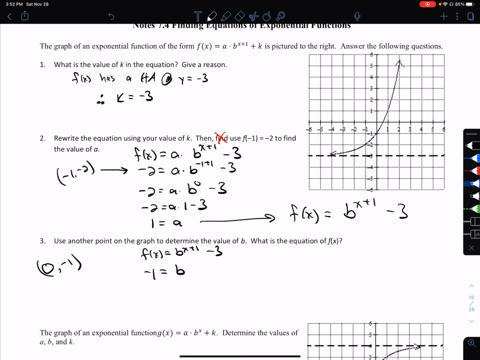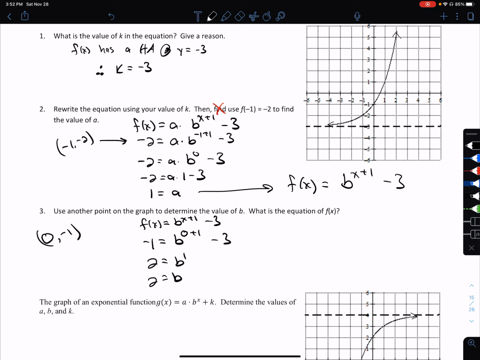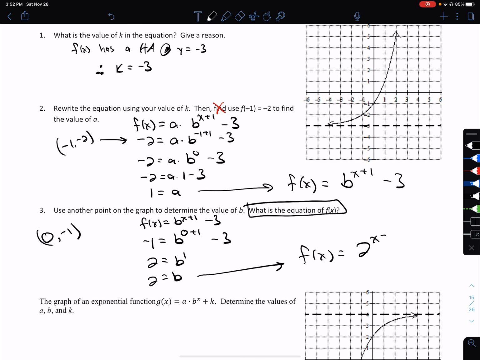We're going to replace x with 0. If I add 3 to both sides, I'm going to get 2 equals b to the first. That means b is 2. So what's the equation of f of x? We now know for certain that f of x is 2 to the x plus 1 minus 3.